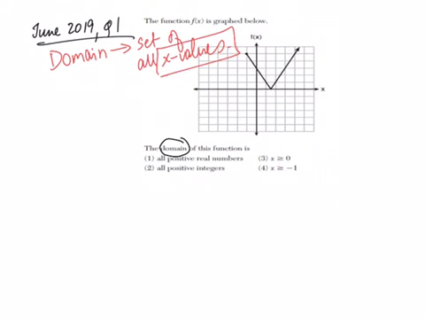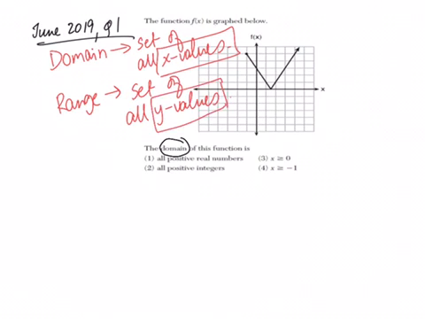So what are the x values that this graph can take, right? Now, the range is the set of all y values that the graph can take. So range is y, domain is x. So what all values can this graph take on the x-axis, right? So that's what we are looking at.